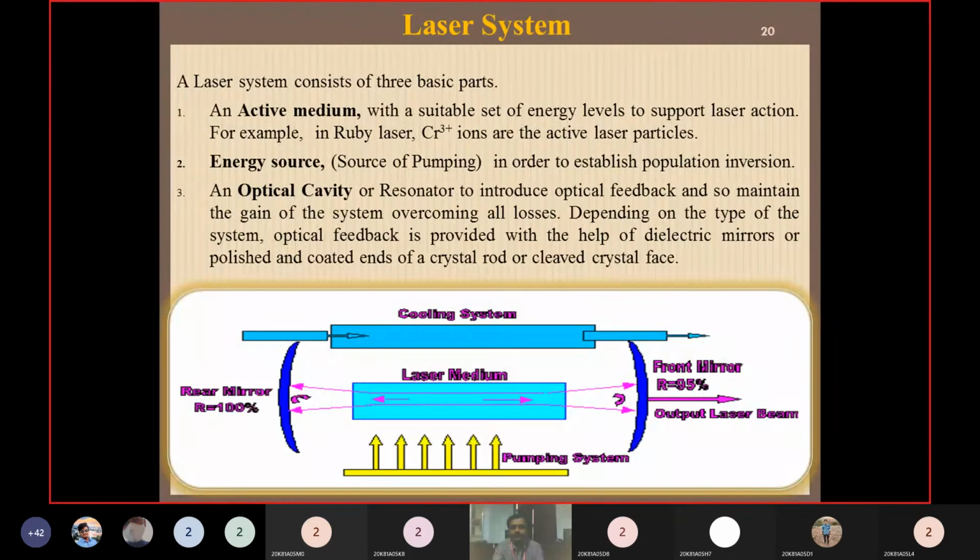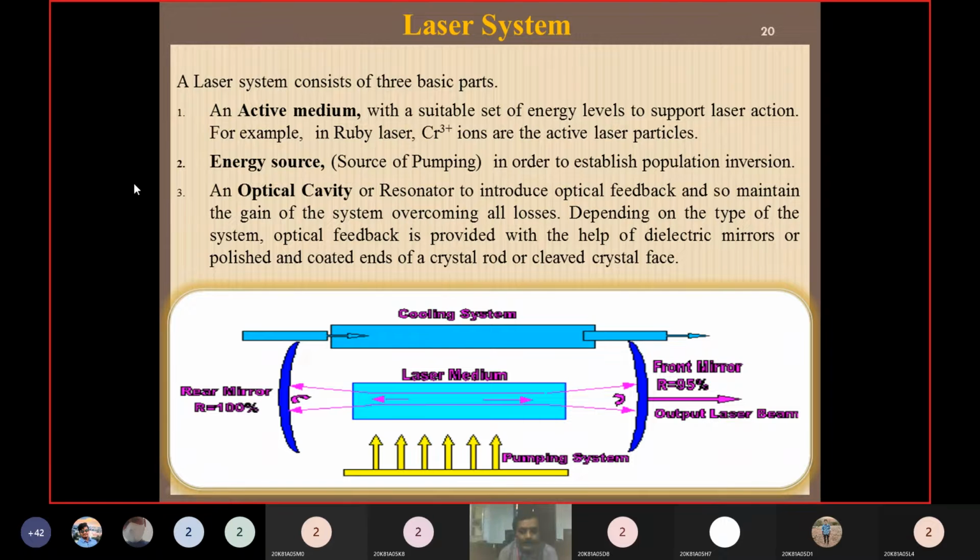Now, the laser system. If you take a laser system, it consists of these basic parts. First is the active medium, which we also call the laser medium. Second is the energy source, meaning the pumping mechanism, the source for pumping.